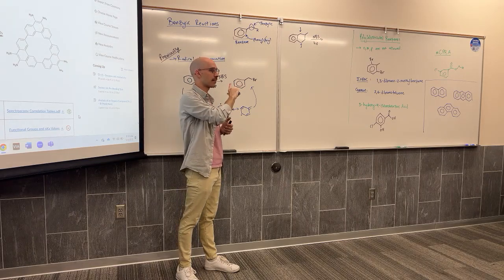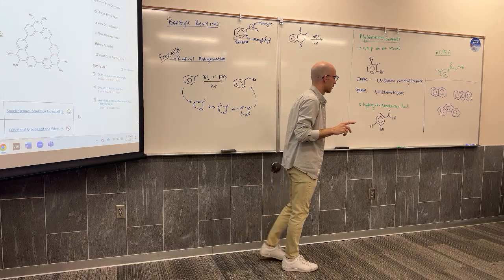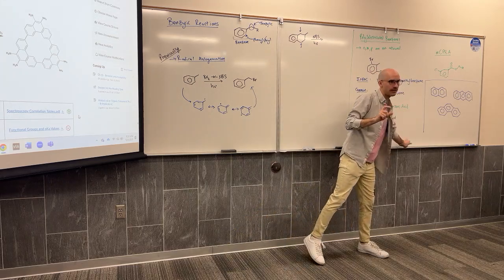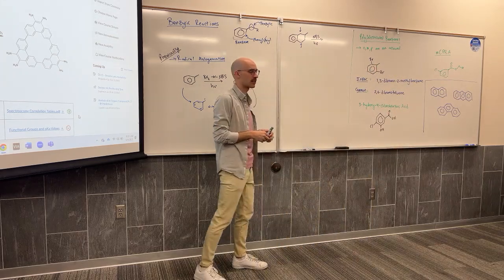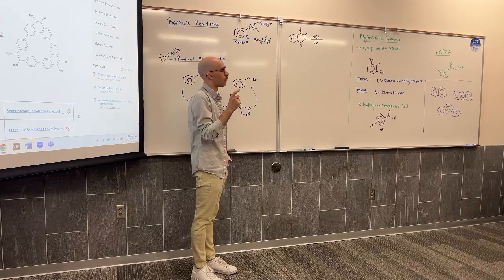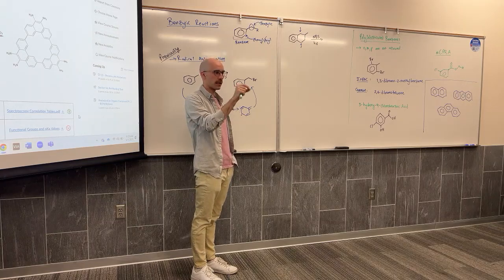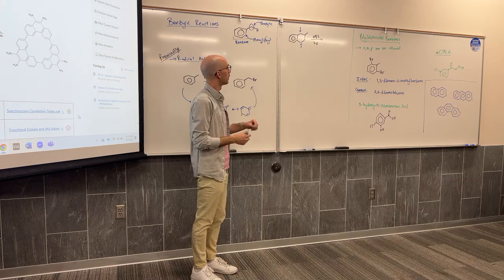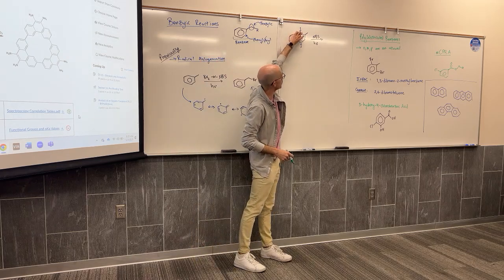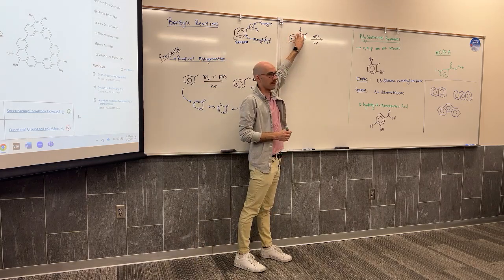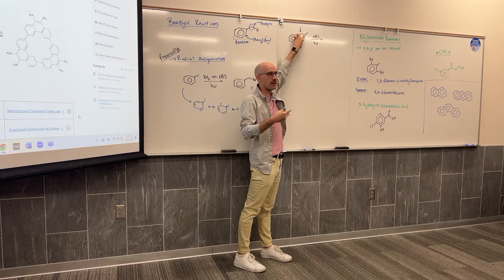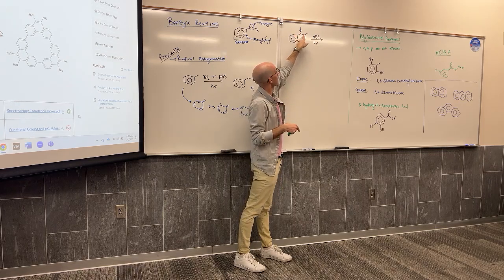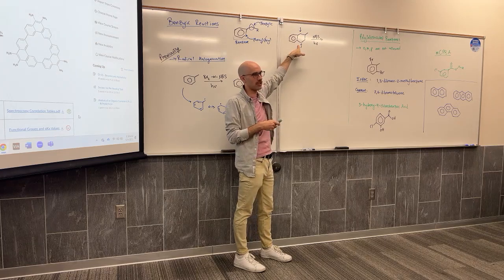Now the reason I've given you this structure is because in OChem 1, when you likely learned this reaction, one thing that we looked for was placing the bromine at the most substituted position. Here, there is a tertiary carbon. The more substituted the carbon, the more stable the radical, unless that radical can be in conjugation.